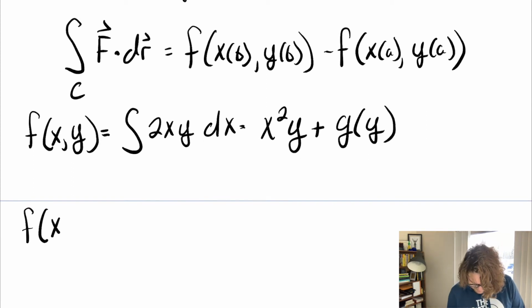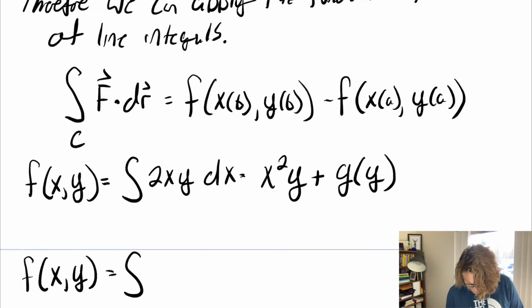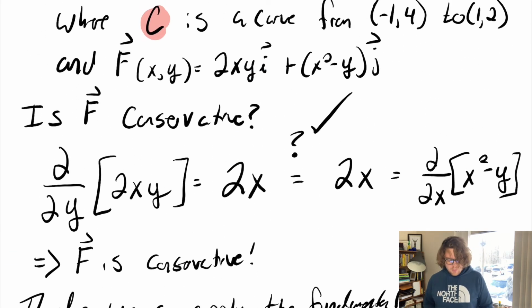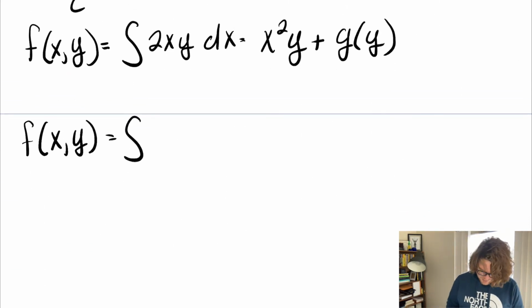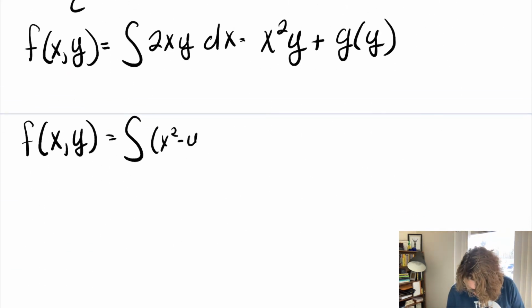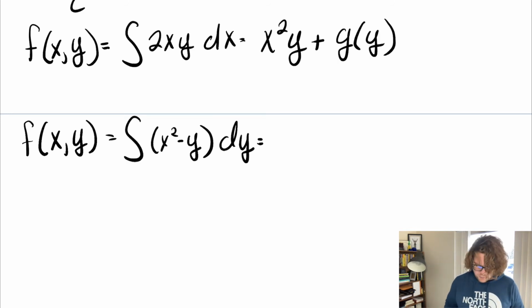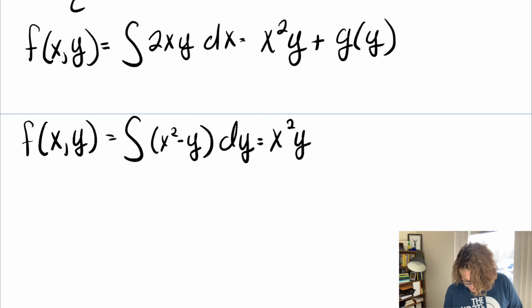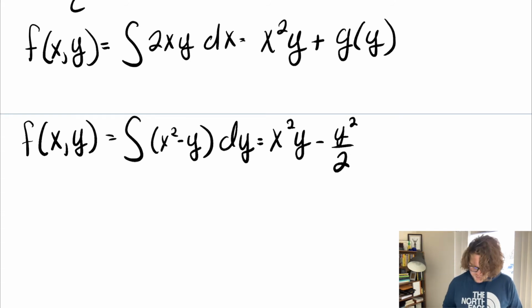Now, our potential function is also going to be the integral of the j component with respect to y. And our j component is this x squared minus y. So if we integrate x squared with respect to y, we get x squared y. And if we integrate y with respect to y, we get y squared over 2.